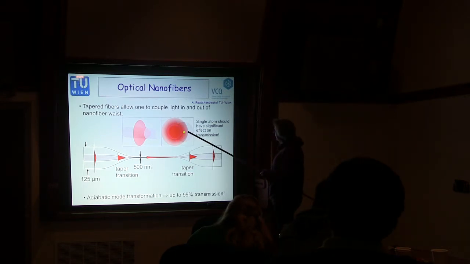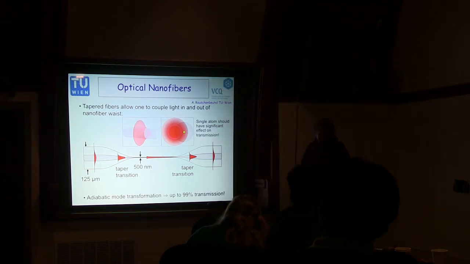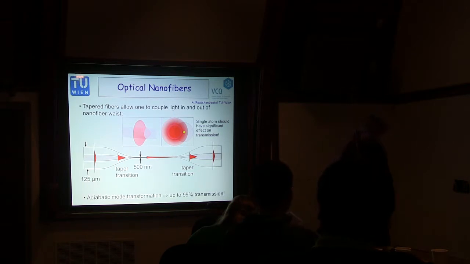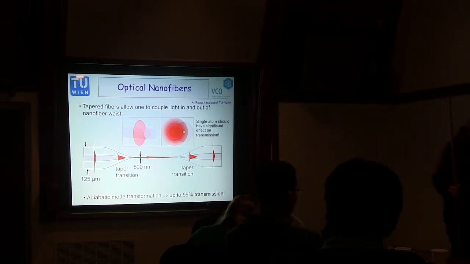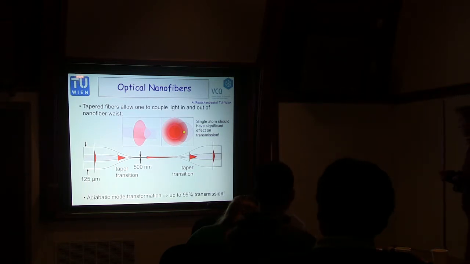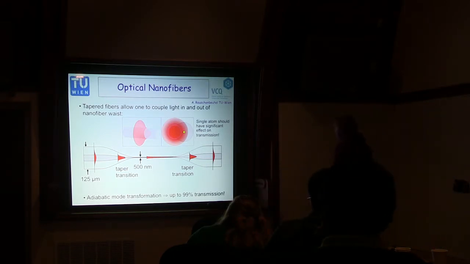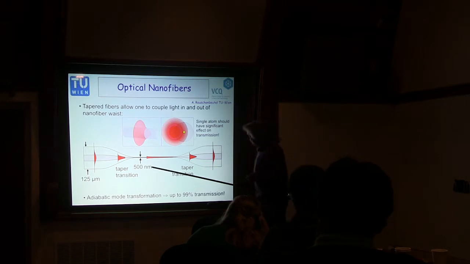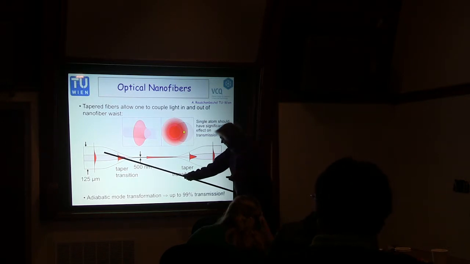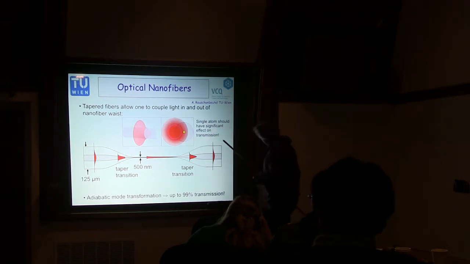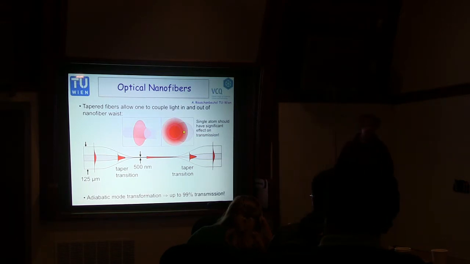You can trap an atom very close to such a fiber and get very, very high coupling strength between an atom, or a molecule, or a quantum dot or whatever you want, and the fiber. And what is amazing is that he can make these things in such a way that the transmission from here to here is 99%.